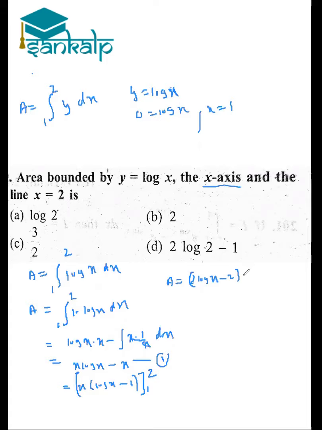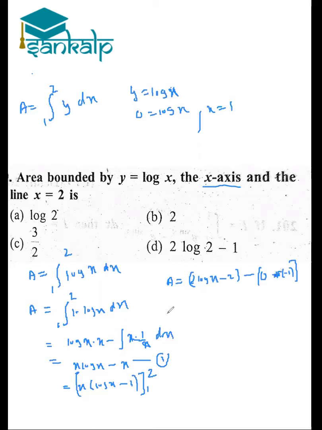In the second case, log 1 we know is 0, so it is 0 minus 1, and minus of minus 1 will be plus 1.